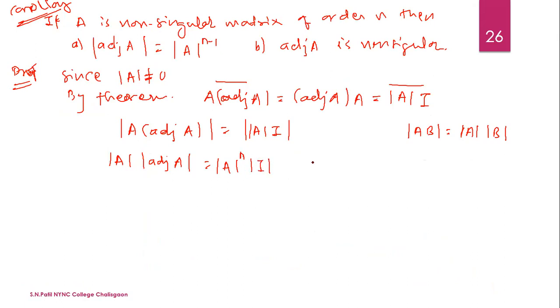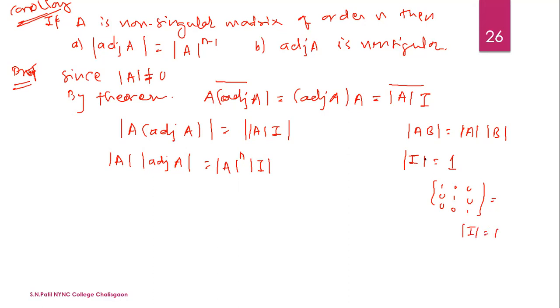Determinant of the identity matrix is what? It is 1. The identity matrix is a diagonal matrix, and we have seen the determinant of a diagonal matrix is the product of the diagonal elements. Suppose we consider the 3 by 3 identity matrix, its determinant is 1.